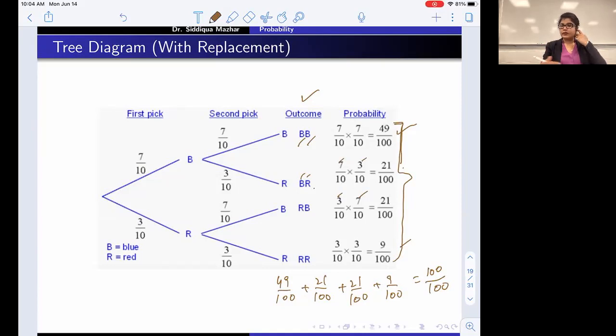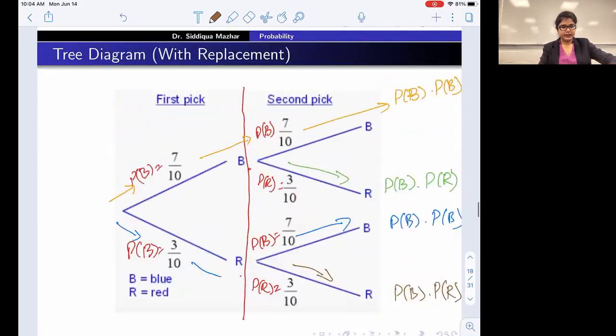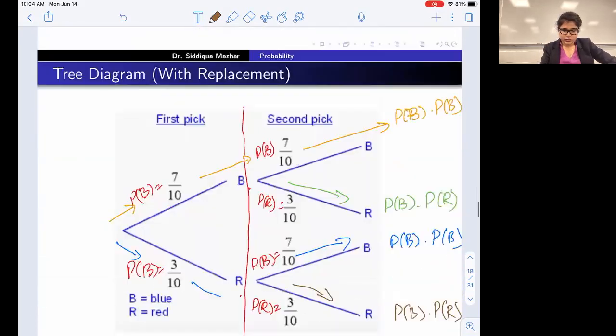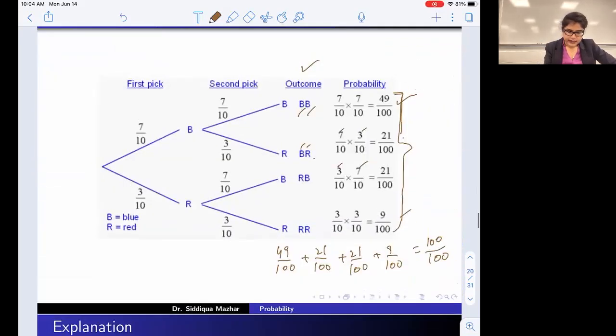So now you can look for something. What was the question? The question was, you have to find the probability of 2 red sweets. So which experiment has 2 red sweets? The last one, RR. So this has probability 9 by 100. Once you make this diagram, I bet every question is very easy for you to find, even the conditional probabilities.